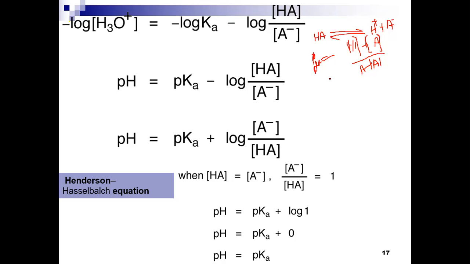From the derivation of this equation, we got the expression pH is equal to pKa plus log A over HA.